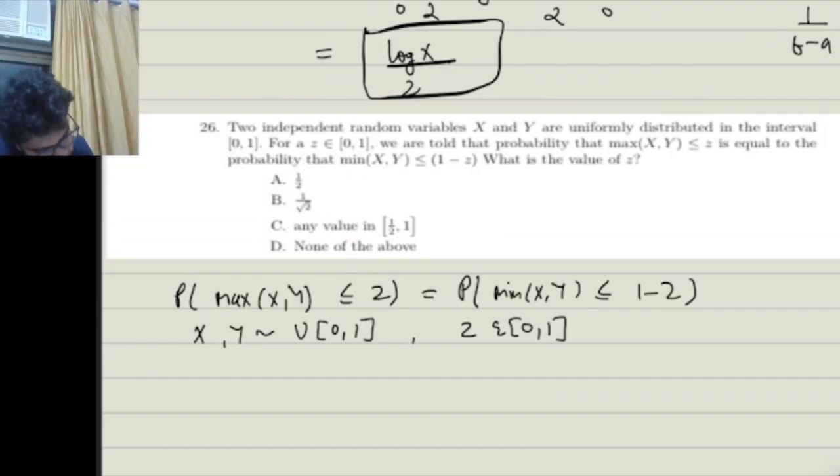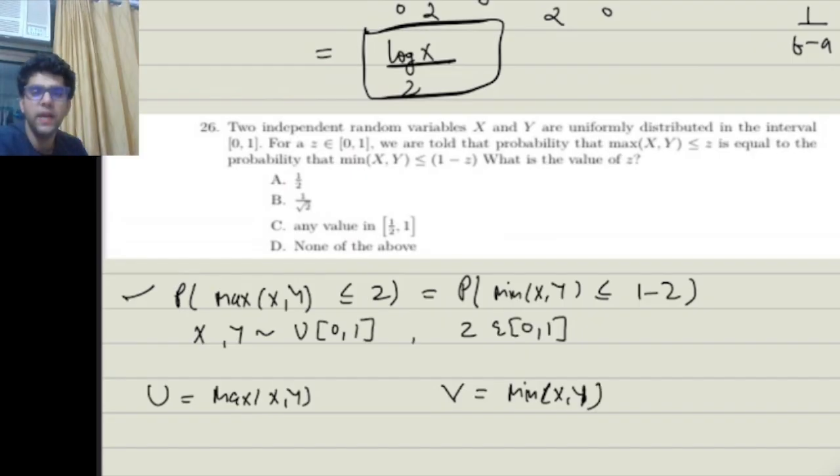So this is a pretty easy question. We already know this. Let's just solve this first. So let u be max of x comma y, and let v be min of x comma y. We need to find the PDFs of both.